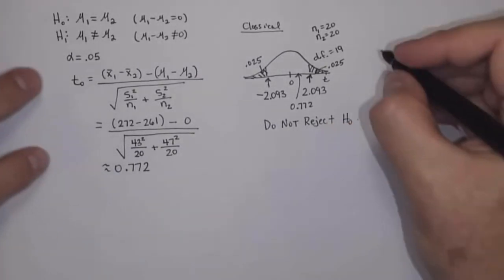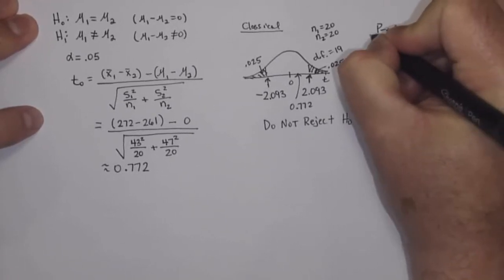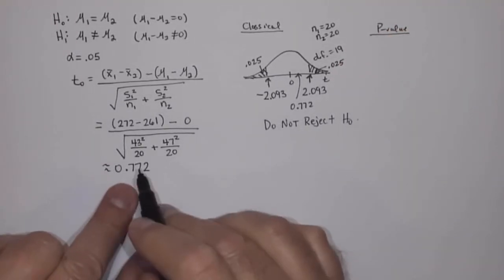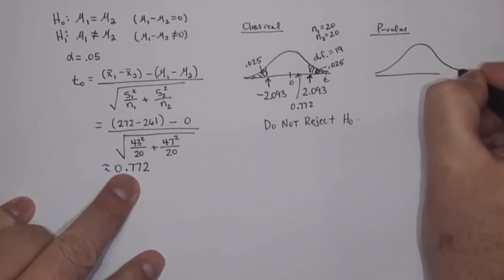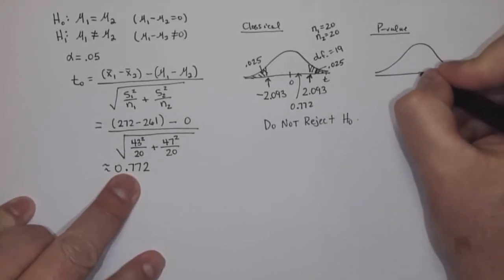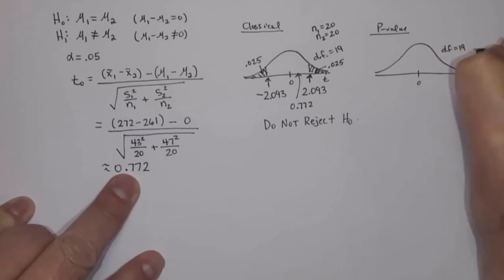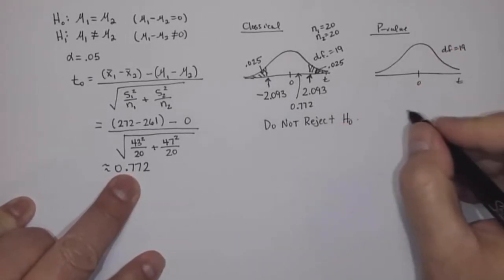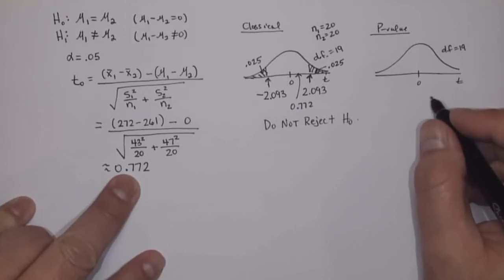Now, if we want to use the p-value approach, once we know the test statistic, I'm going to use my t-distribution, again with 19 degrees of freedom. The p-value will be the area outside of the test statistic and its opposite.